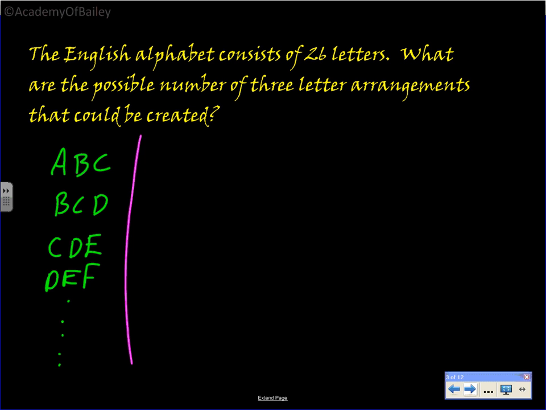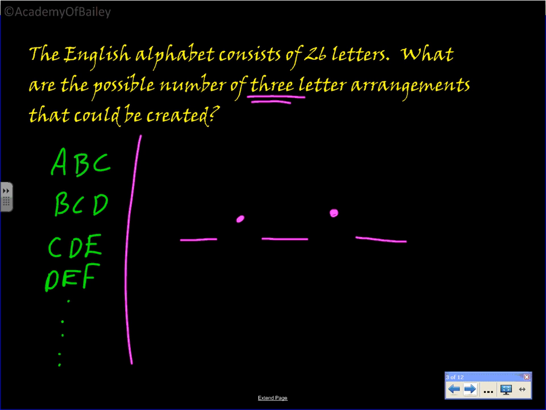So fundamental counting principle, what is it going to do? Well, how many letters are we using? 3 letters. So when you do this, I would like you to put 3 spaces there to let you know that you're supposed to have 3 spaces filled up.